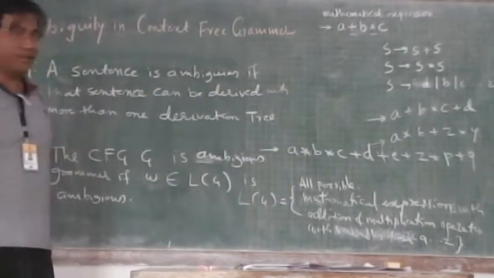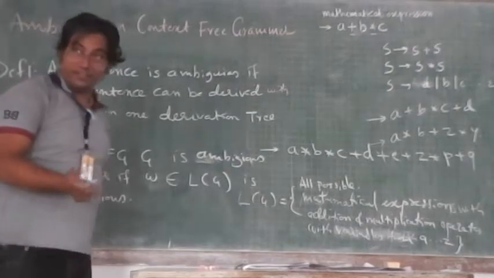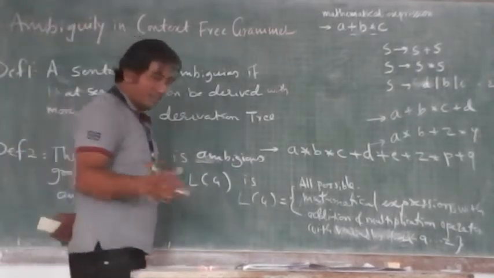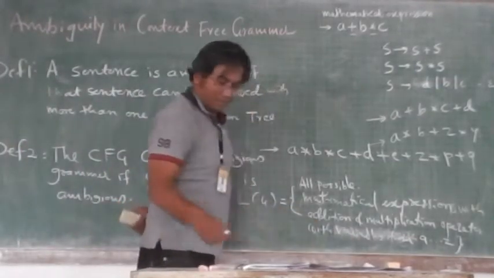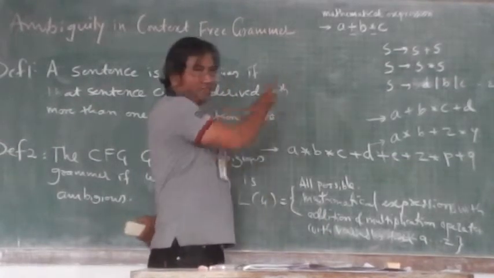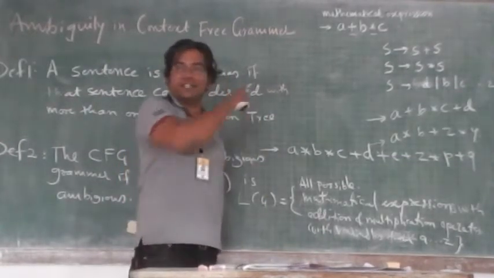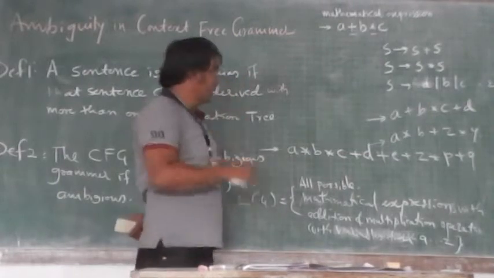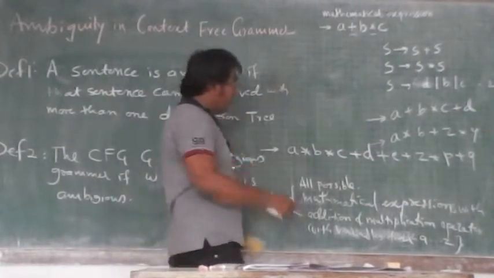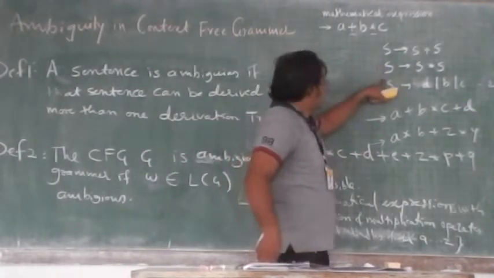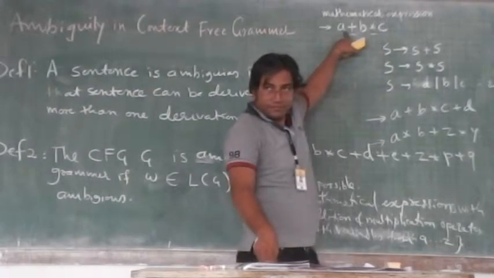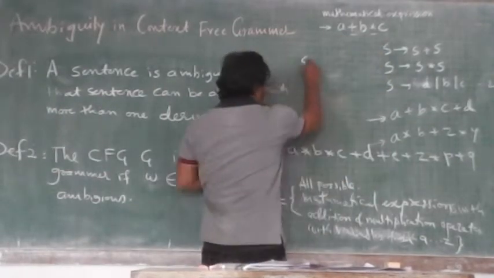This way I can have a regular, sorry, not regular. Regular is already done with. We are discussing context-free grammar. This is the context-free grammar. Is it a context-free grammar? Yes. So, is it possible to derive this string by using this grammar? It is possible. You can see.